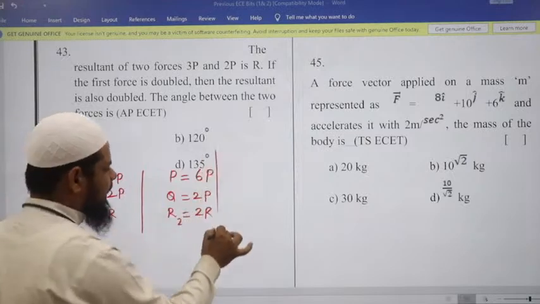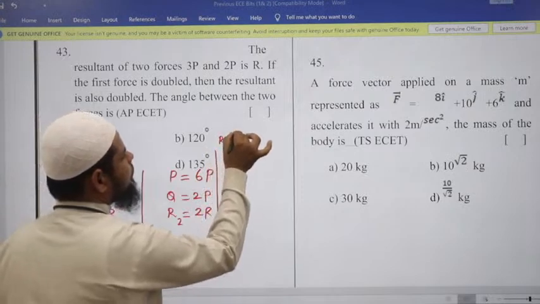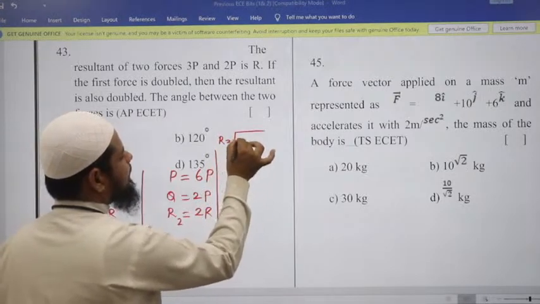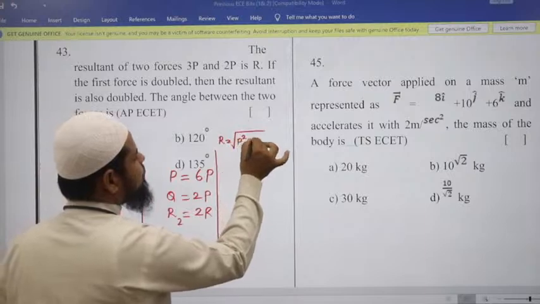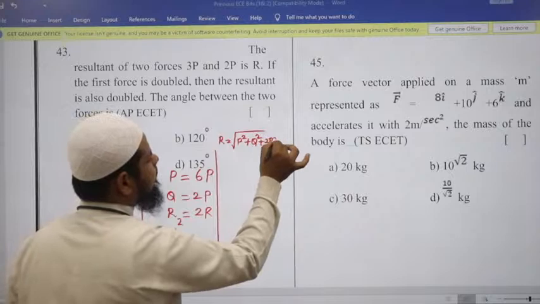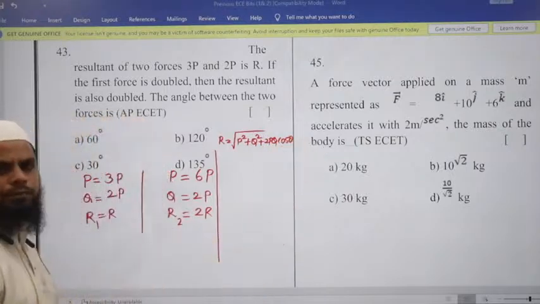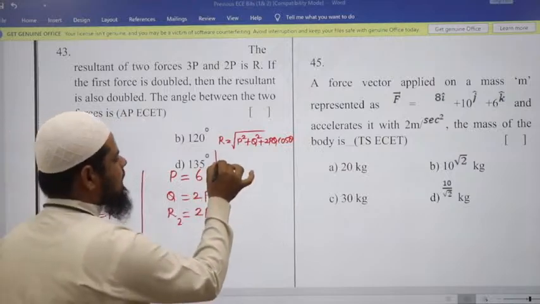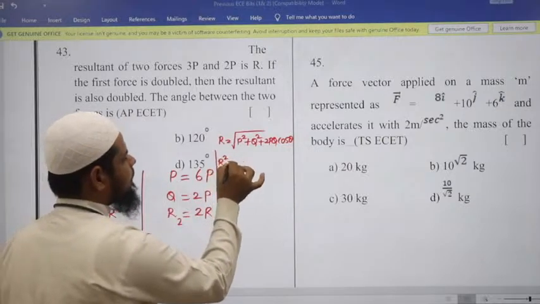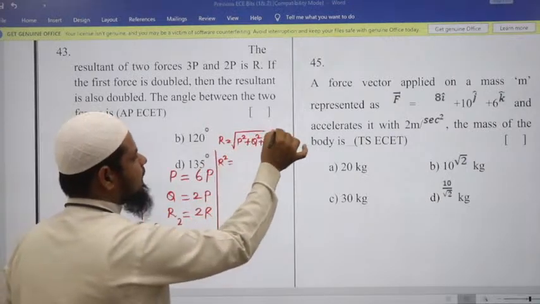Example, I'll tell you that R is equal to root over P square plus Q square plus 2PQ cos theta. In that case, squaring on both sides, R square is equal to P square plus Q square plus 2PQ cos theta.